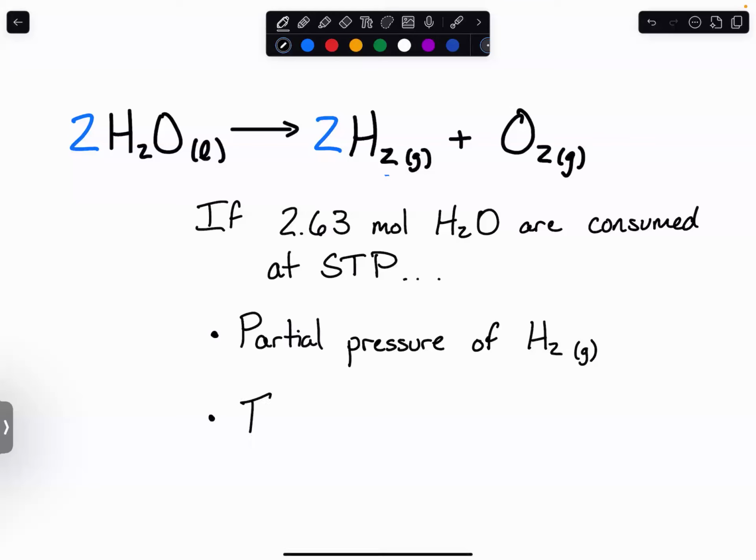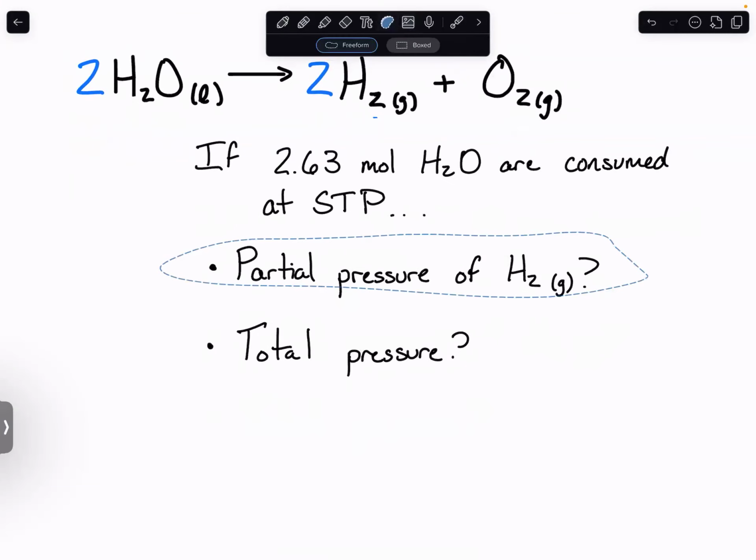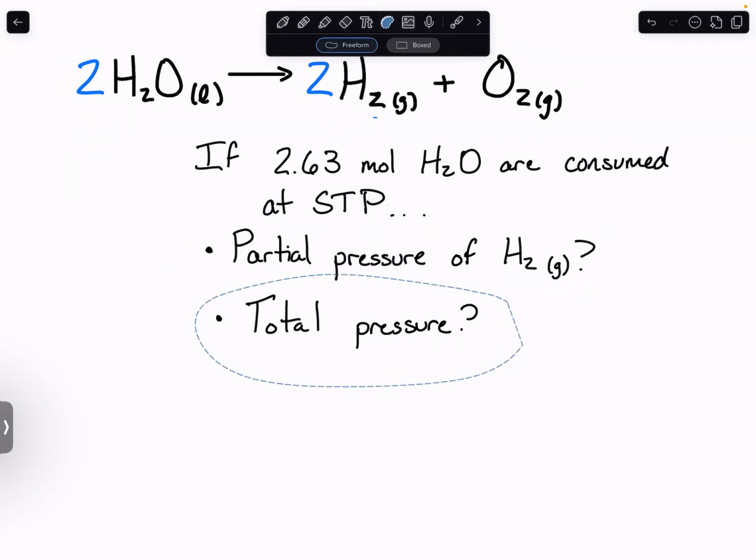And what's the total pressure after this reaction is complete? All right, so now we got to use Dalton's laws of partial pressure here in order to figure this out.